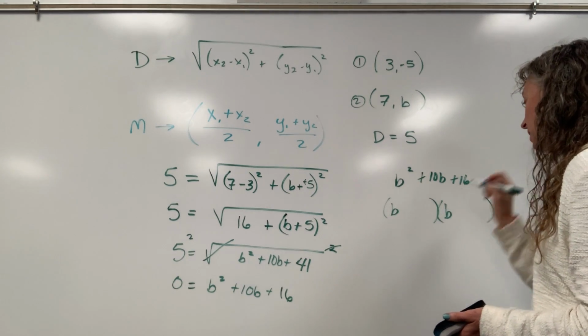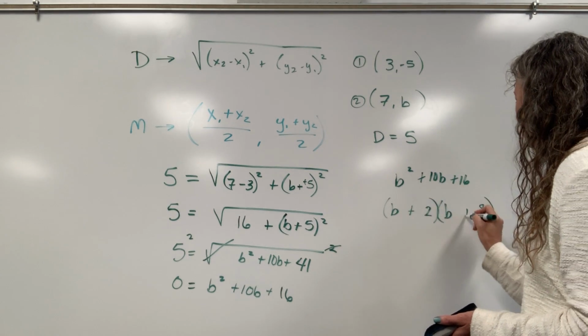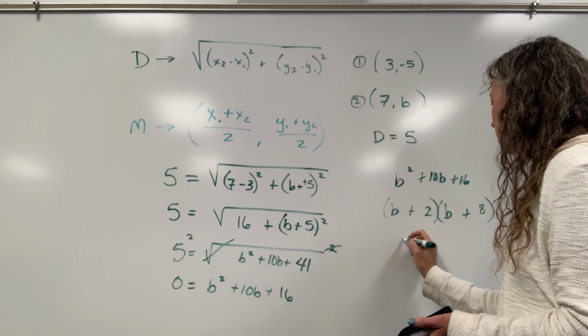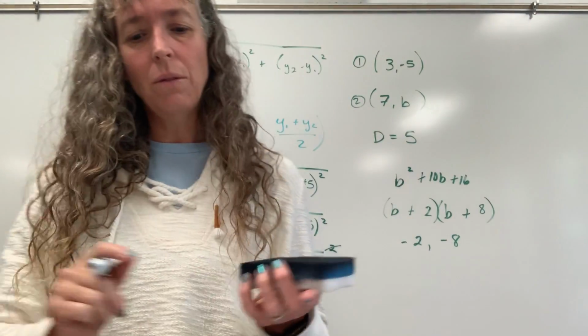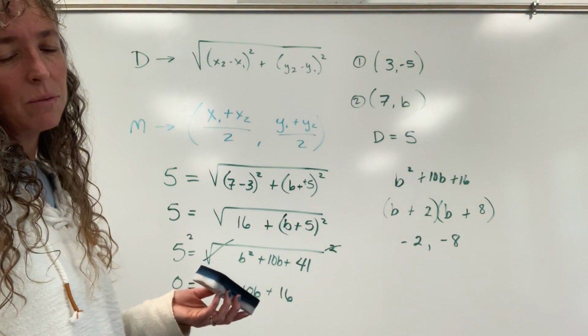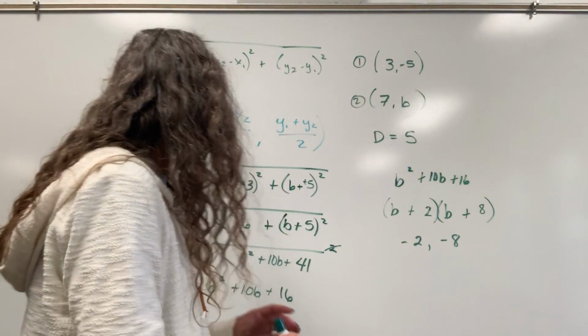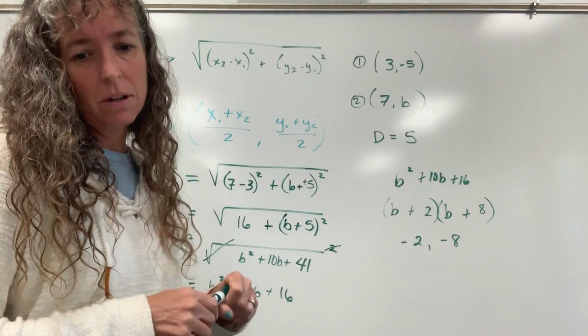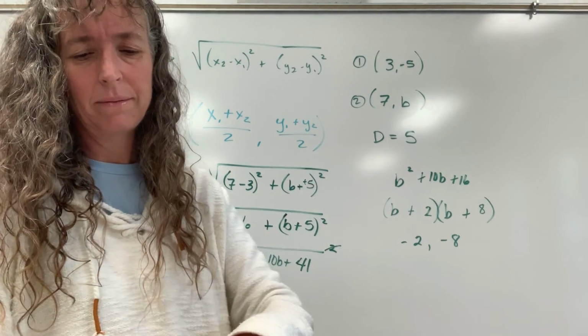So I have to make 16, so I'm going to use a 2 and an 8, and I can add those to make 10. So my answer is going to be either -2 or -8. I'm just going to put both of those. It's okay. Sometimes you'll have two things that will work, and that's no problem. Hopefully not very often though.